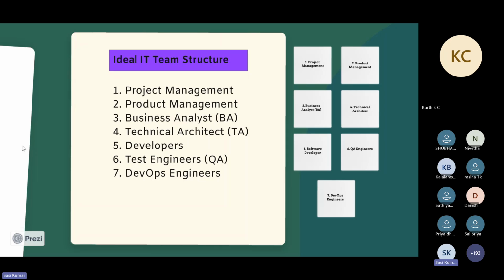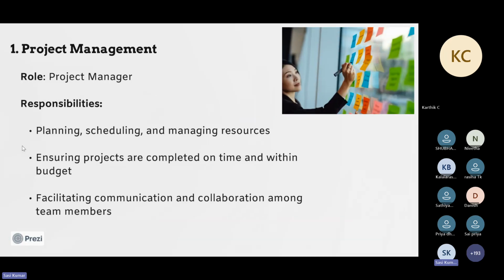So the first one is project management. This is one of the teams. You can say they are the management team, or at the top of the entire IT organization. It can be a single member or a group of members in project management.